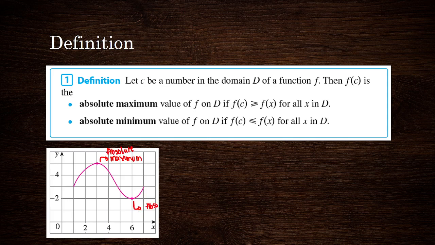In simpler terms, we could call them maxima for the absolute maximum and minima for the absolute minimum. In English, maxima is the plural of maximum, and likewise for minimum.